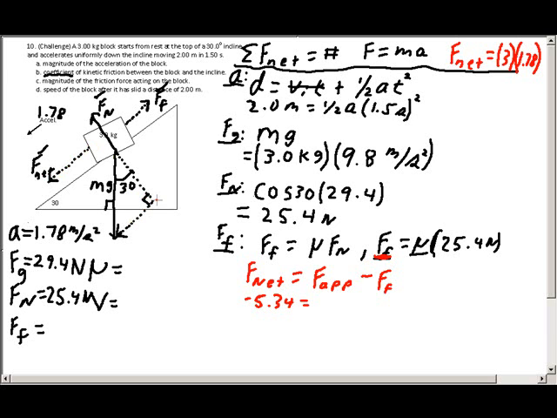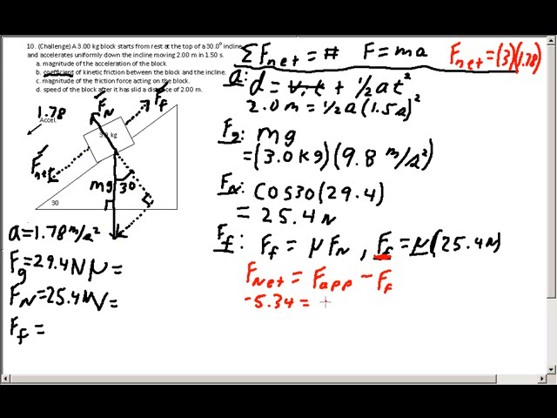So I take the magnitude of this one and say that it's the magnitude of this one. Well, what is that?